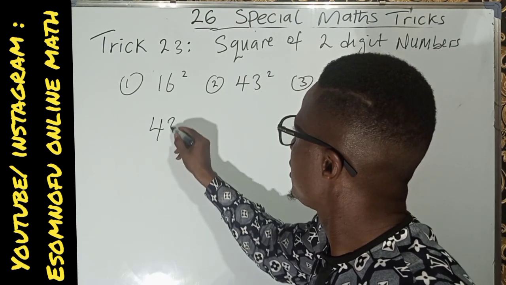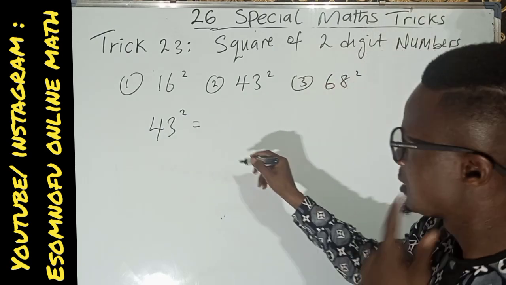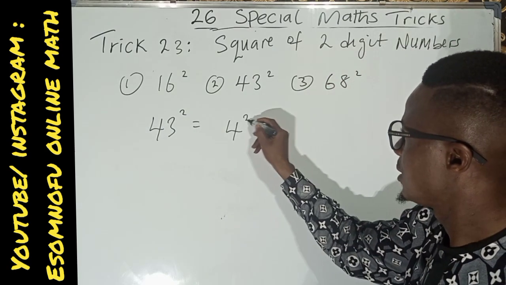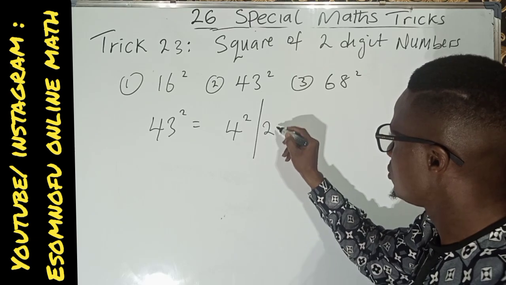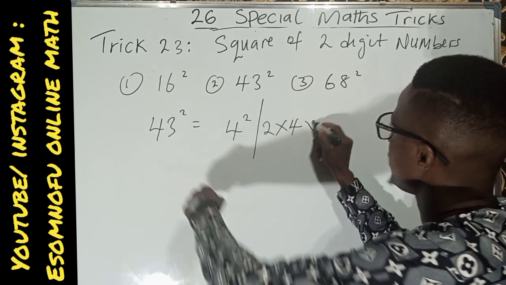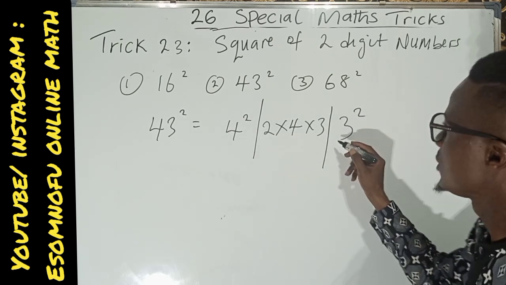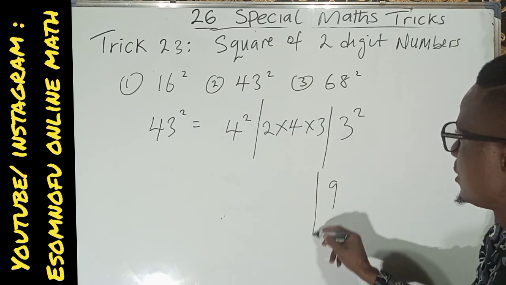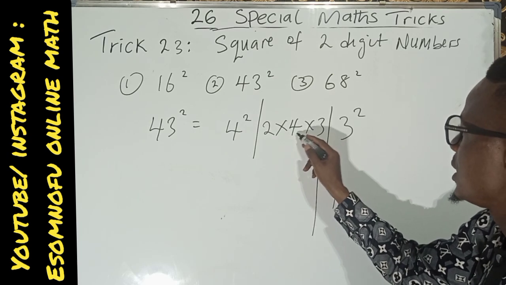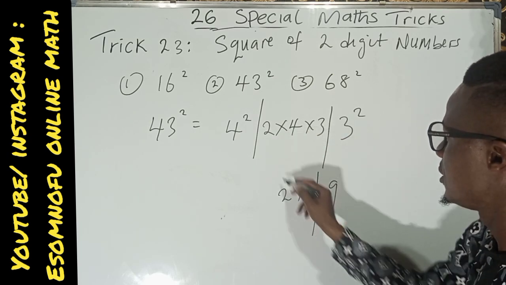So 43 squared is the same thing as saying 4 squared. Separate it, get 2. Use it to multiply the individual digits. Then get 3, square it. 3 squared is 9. 2 times 4 is 8. 8 times 3 is 24.